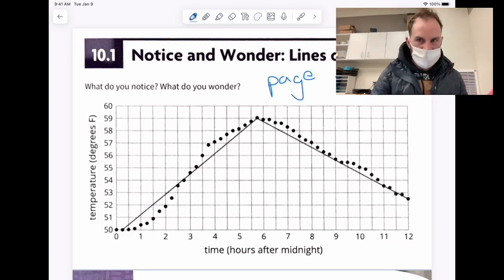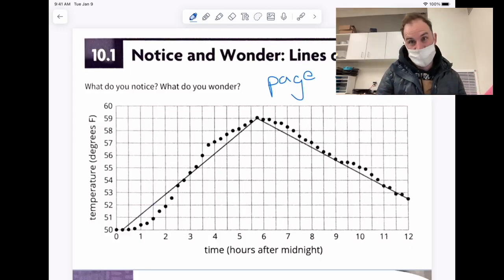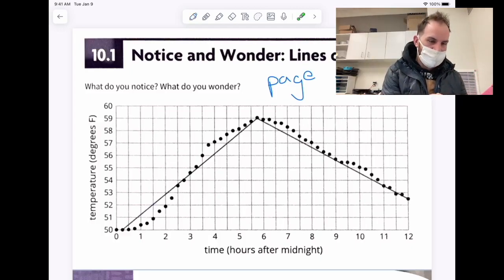What you might notice is that there's a lot of dots, right? We've got a slope that's going up and a slope that's going down, a positive and a negative slope. You might also realize that we have two lines here. This section of line is a linear function. This section of line is a linear function.